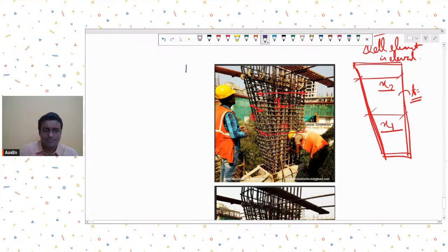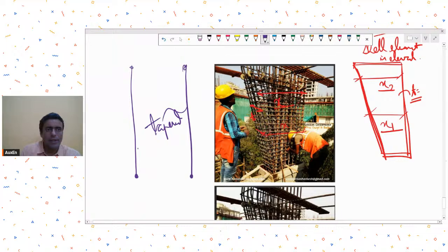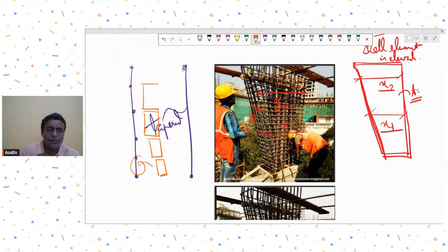The other way can be that you model a line element, and there are options to give a tapered property in ETABS. So you give it a tapered section property in ETABS. That can be another way. A third way can be that you model this column as a line element, you add nodes and divide it at the nodes, and then to each section you provide a rectangular section like this, but with increasing dimensions so as to get the flared geometry.